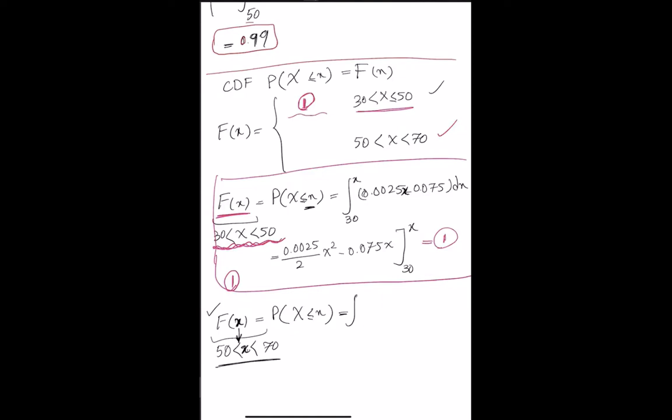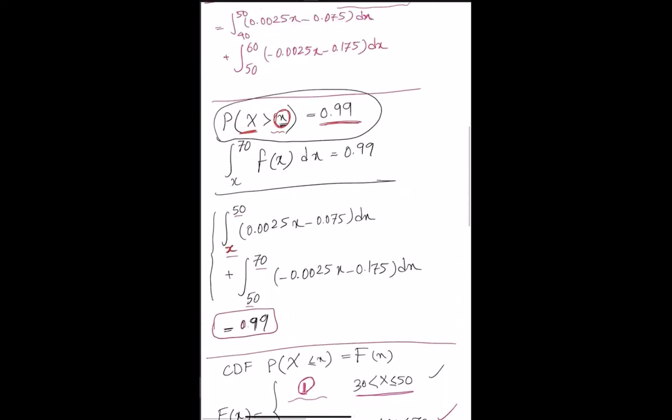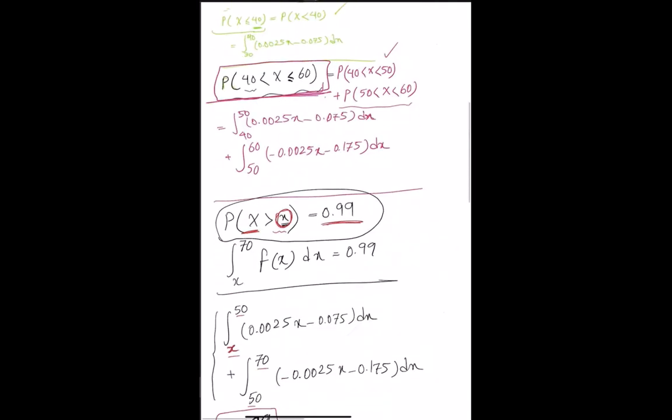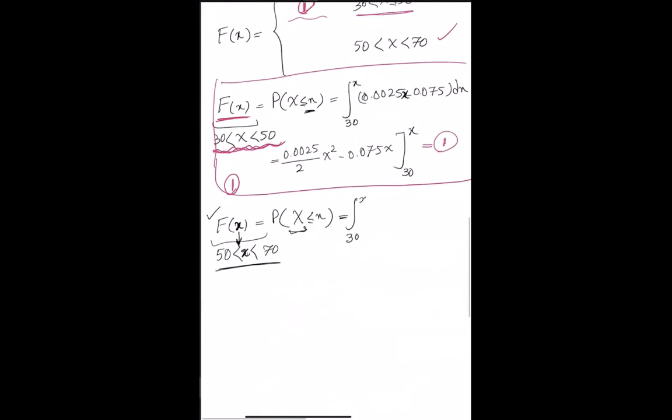However, the random variable itself starts from the lower bound 30 and goes all the way to x, and we want to calculate the integral of f of x dx, and that is going to be from 30 to 50 plus from 50 to x, that's the lowercase x.